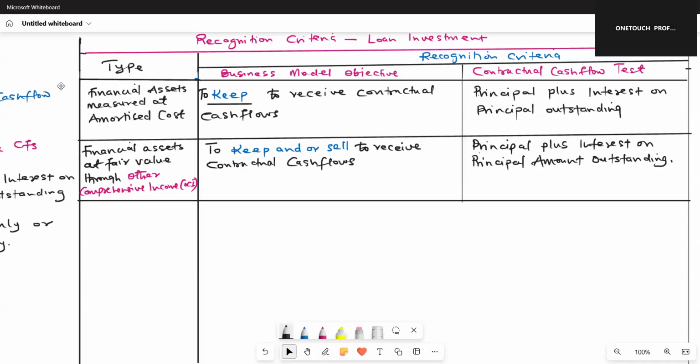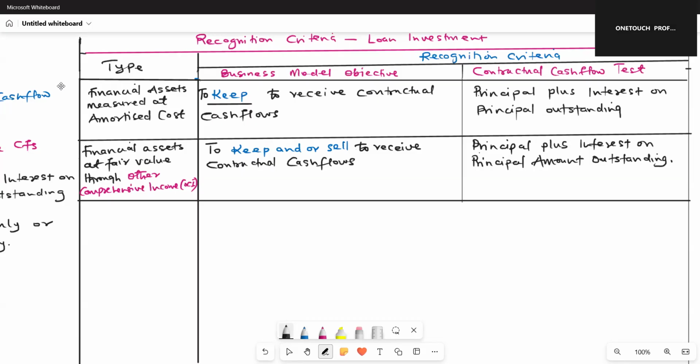Was the contractual cash flow test again, please? Oh, but there is principal plus interest. Just that if it's fair value through OCI, if part has been sold, then it means that the interest will be computed on the principal outstanding, the remaining amount. It means that the interest and principal may not be the same under each of these types. Did you get it?